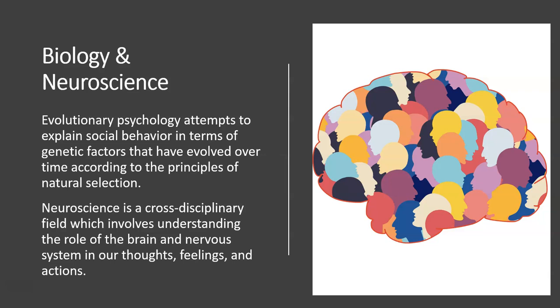So, for example, you might have a social neuroscientist who wants to understand at a brain level where aggression comes from, or how angry feelings develop and sometimes turn into decisions to behave aggressively.